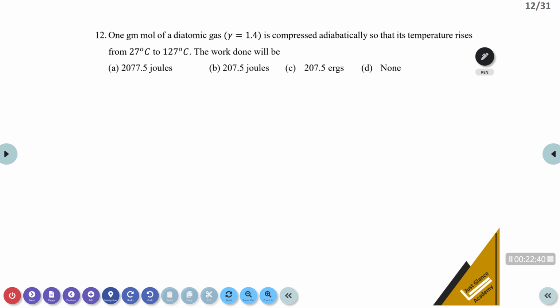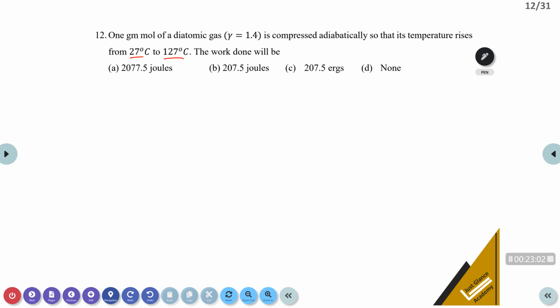1 gram mole of a diatomic gas is compressed adiabatically, so that its temperature rises from 27 degrees Celsius to 127 degrees Celsius. It is an adiabatic process.